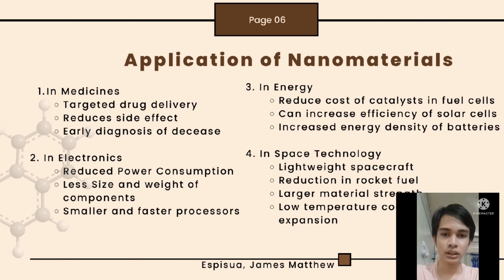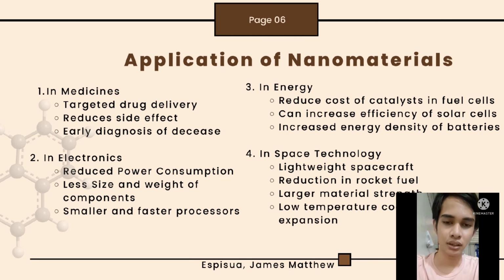In electronics, nanomaterials are used to reduce the power consumption of electrical gadgets by using nanotechnology-improved display panels. Nanomaterials are also used to lessen the size and the weight of electronic components. They are also used to create smaller and faster processors for electrical gadgets.